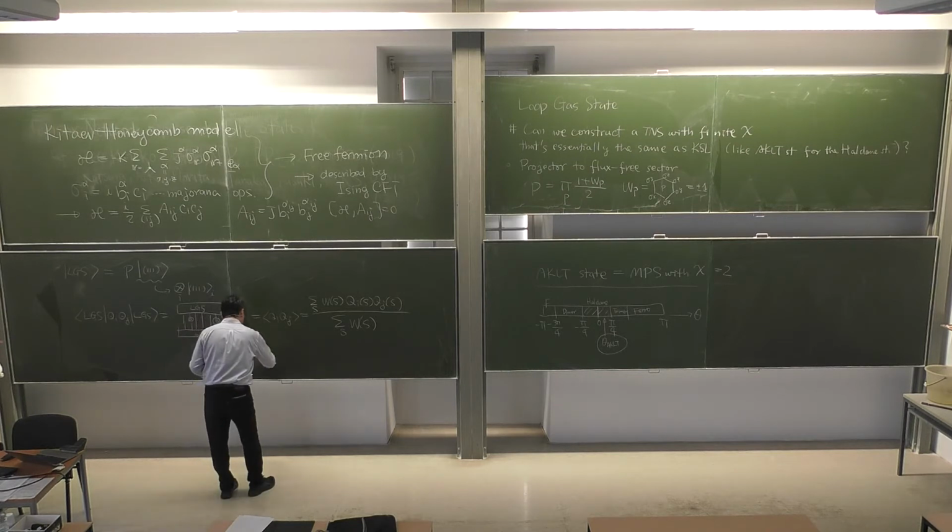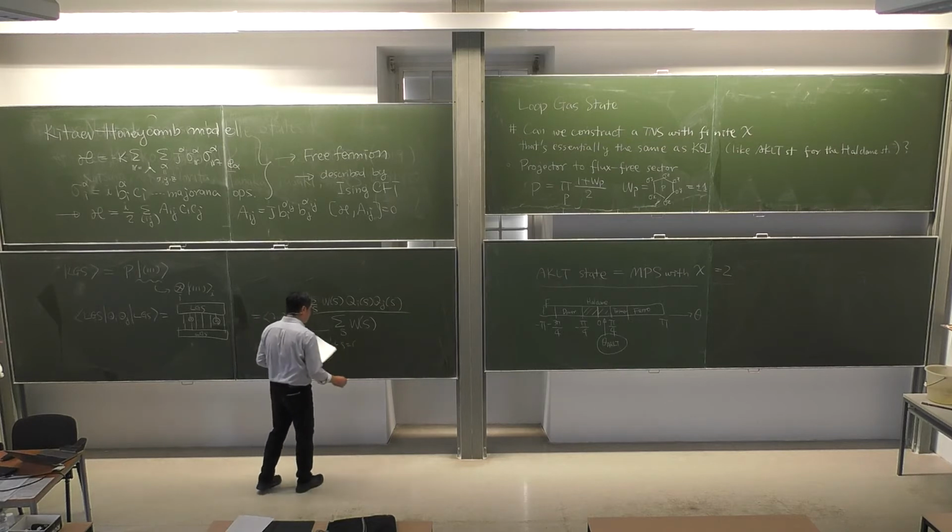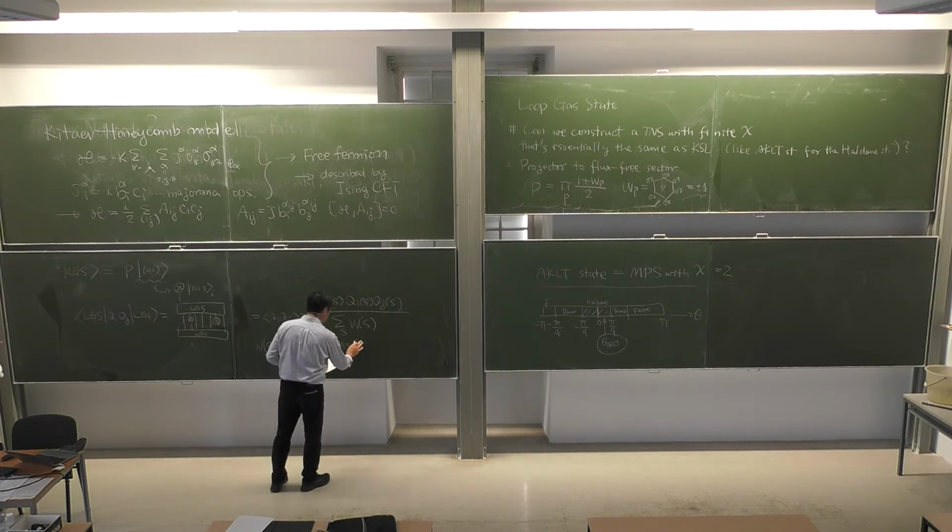And basically W_s here is something like this, and here comes the S. S is nothing but the collection of the eigenvalues of, let's say, S_z, for example.